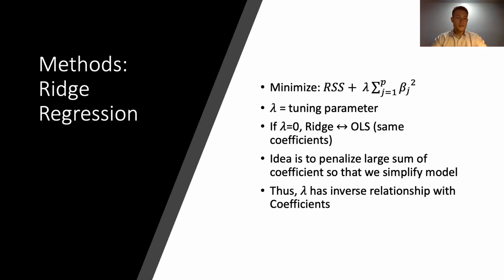Essentially the idea with this method is to penalize a large sum of squares, so ultimately we want to shrink the model. If lambda is large, then our coefficients are going to be smaller. If lambda is smaller, then the sum of our coefficients will be larger. So it's a shrinkage method, essentially.